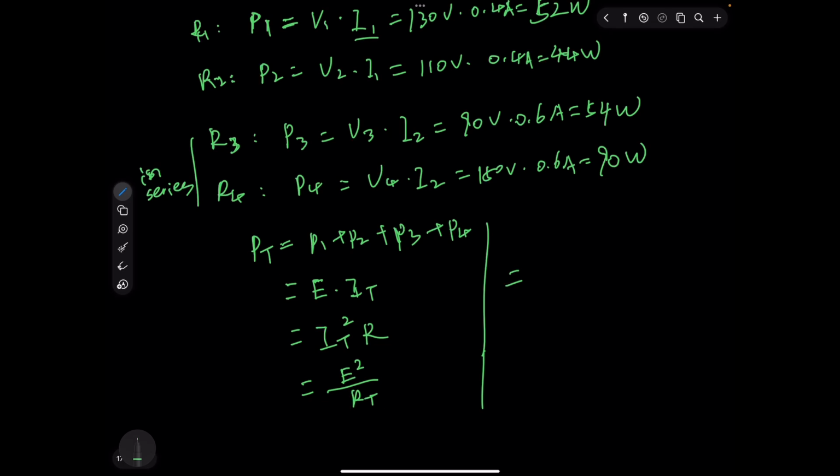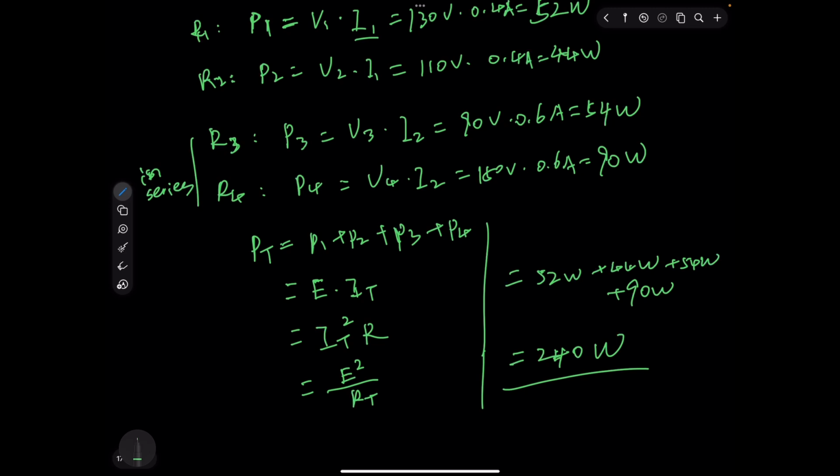So the number will be 52 watts plus 44 watts plus 54 watts plus 90 watts. Total will be 52 plus 44 plus 54 plus 90, which will give us 240 watts.